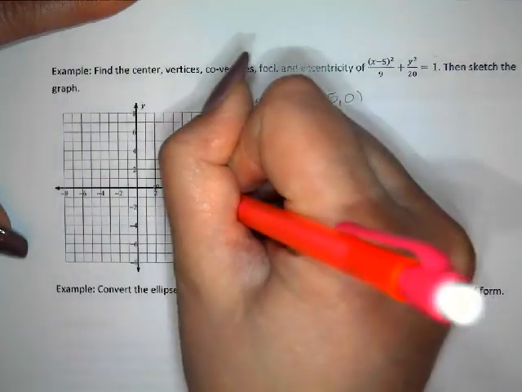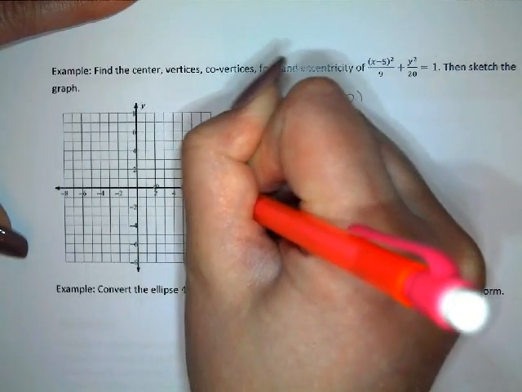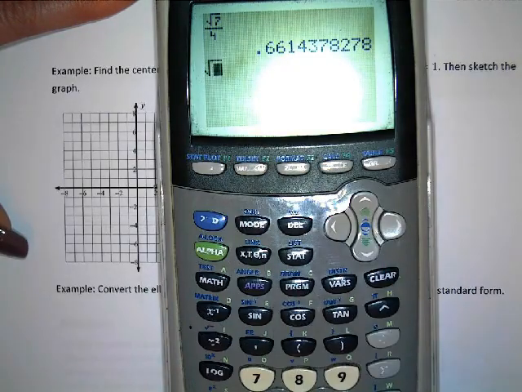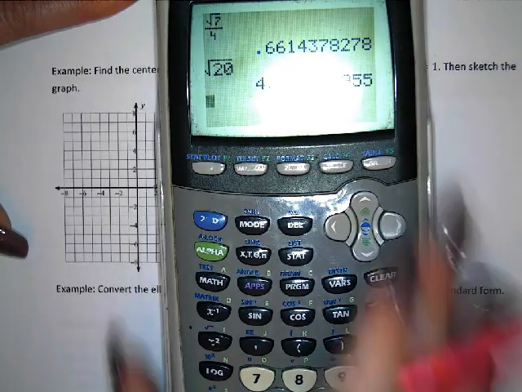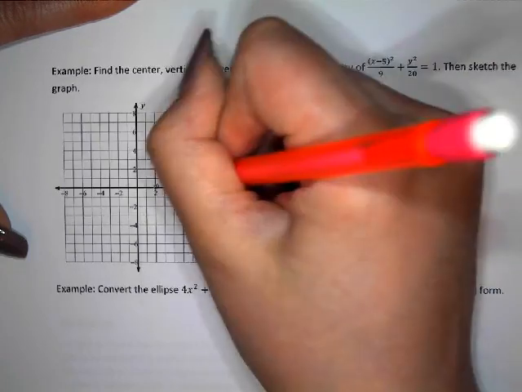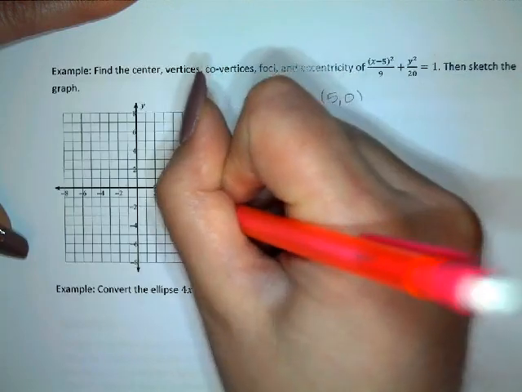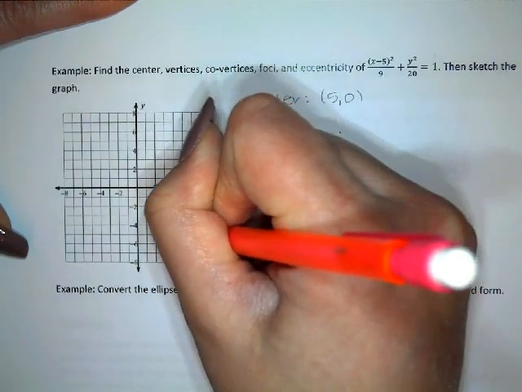And then up and down, it's the square root of 20, which is 4.5-ish.